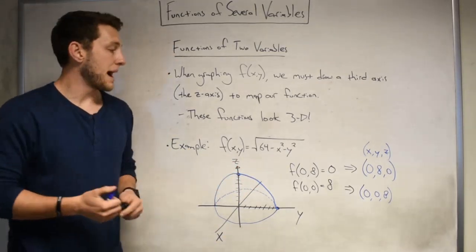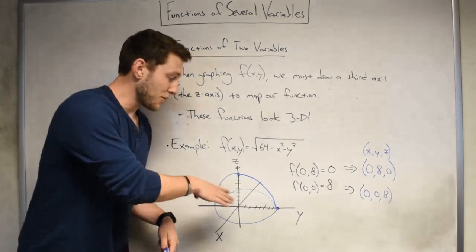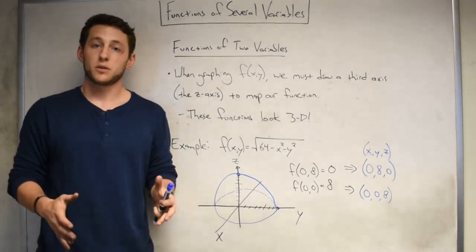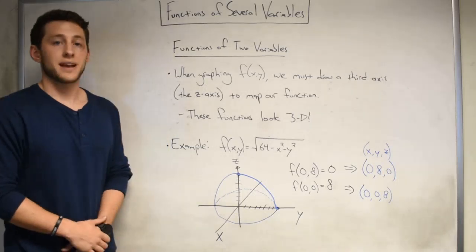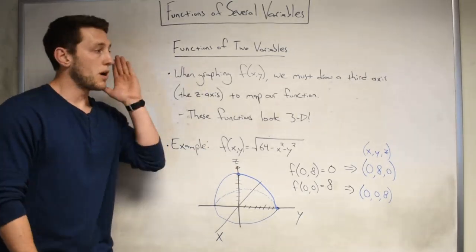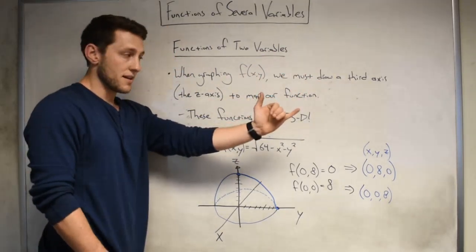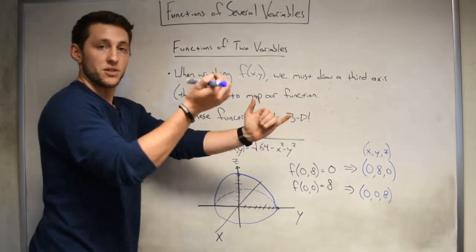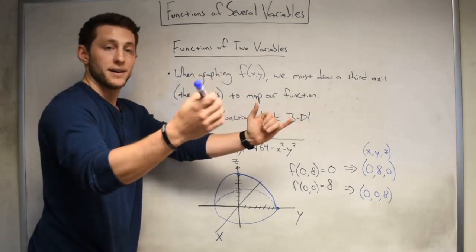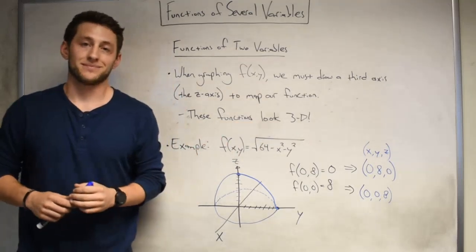These functions really do map into 3D space. It takes a little bit to get used to, but think of your x, y, and z as almost standing in the corner of a room. If you're standing in the corner, and I give you an x, y, z coordinate, think about walking so many steps this way or this way as your x, so many steps this way or this way as your y, and then ultimately your height in the room as your z-coordinate.